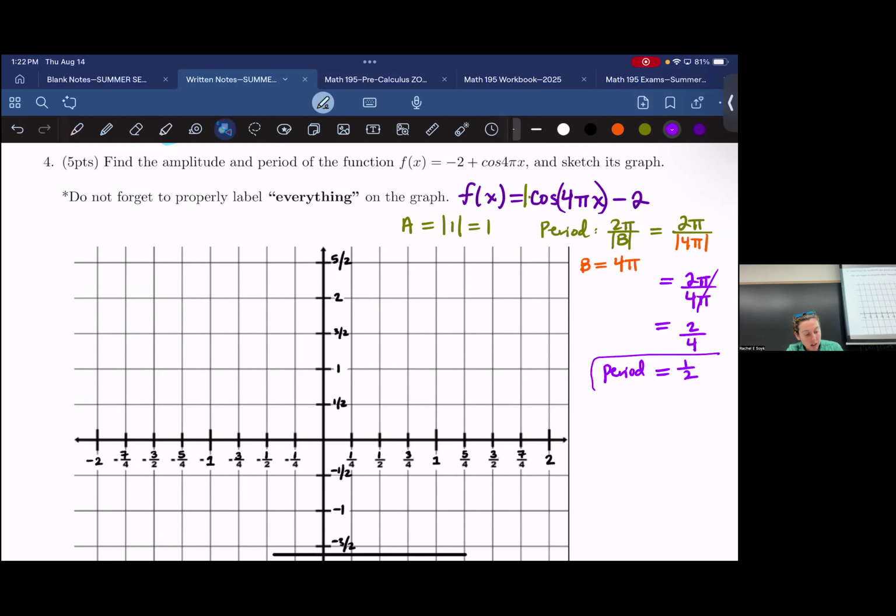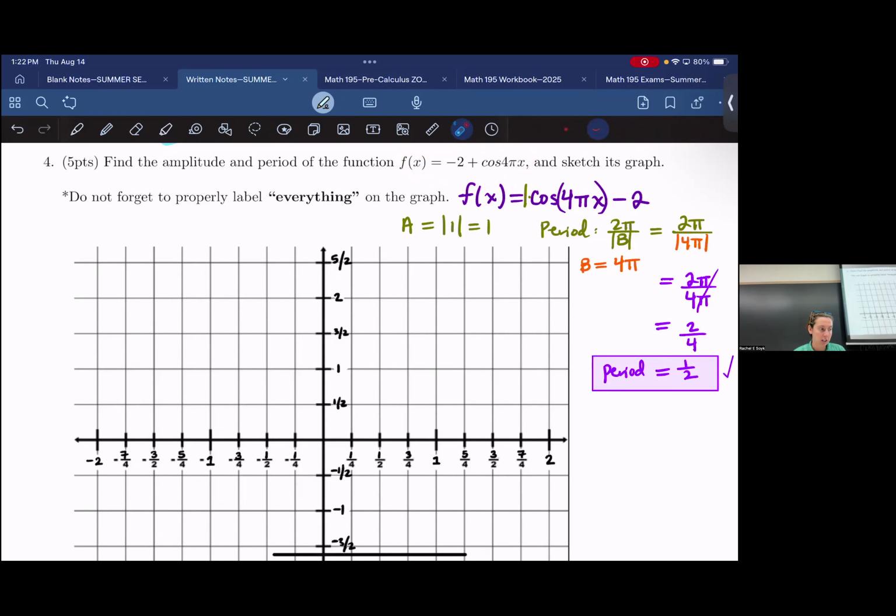And so let's just take a moment to recall what period means. This tells us that every 1/2 interval, we have a full cycle taking place within our function. So we have a representation of a minimum value taking place as well as a maximum value taking place.